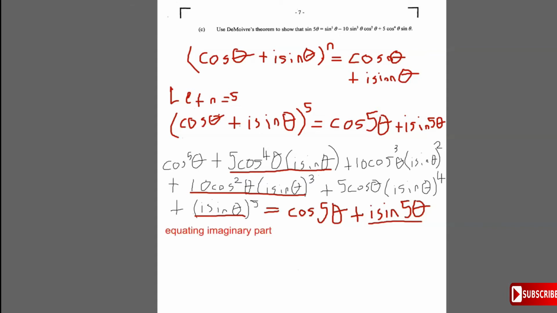Equating the imaginary part, what we're getting is 5 cos to the 4 I sine theta. I'm going to put the I on the outside here, so I times 5 cos to the 4 sine theta.